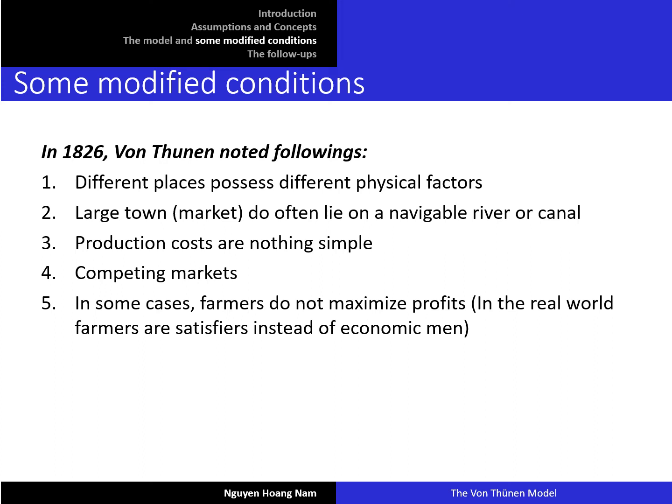The modified conditions listed by von Thunen also help us to see why the land allocated to the crops are not like rings as we discussed in von Thunen's model, but they are chains.